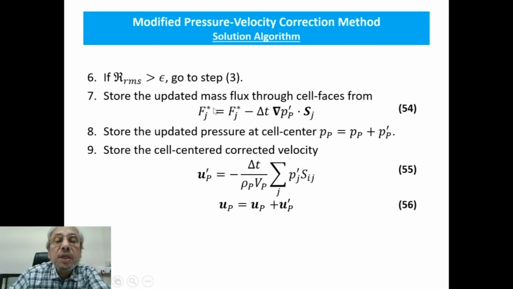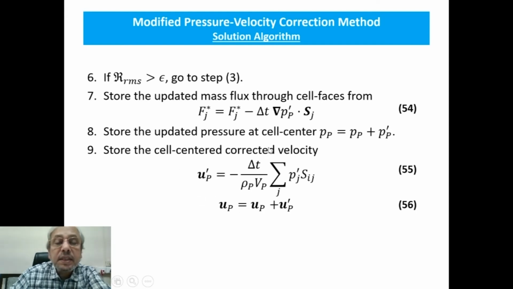So store the updated mass flux through the cell faces, store the updated pressure, and store the cell-centered corrected velocity.